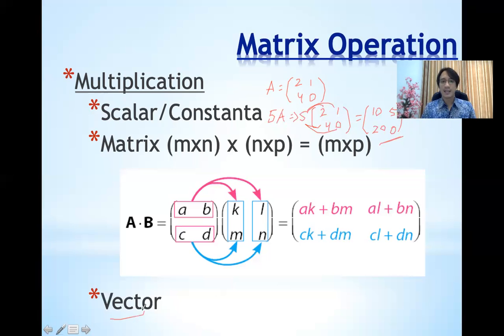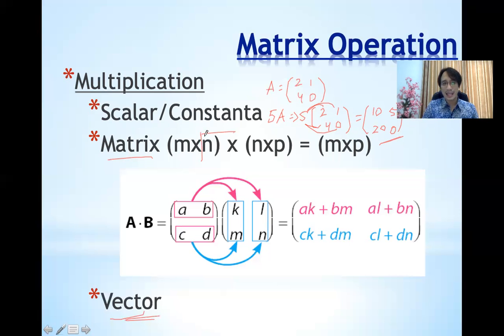For the vector, it actually has the same idea as matrix multiplication, because a vector is also a matrix, but it has only one row or one column. For matrix multiplication, if for example we have A times B, please remember this part.